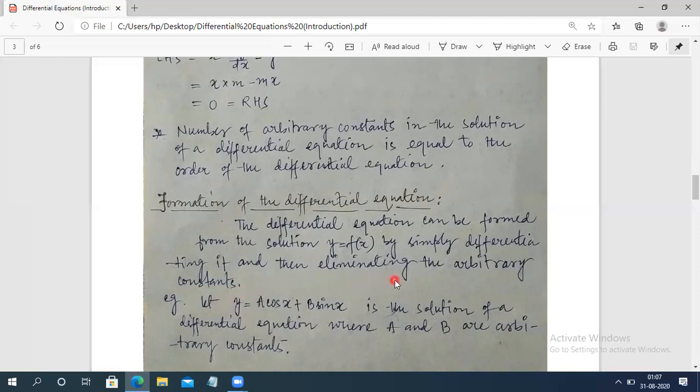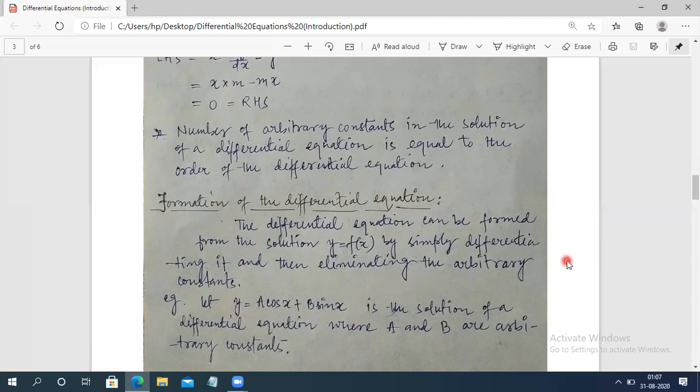That means formation of a differential equation involves two steps. In the first step, you have to differentiate the solution, and in the second step you have to eliminate the arbitrary constant present in that equation.